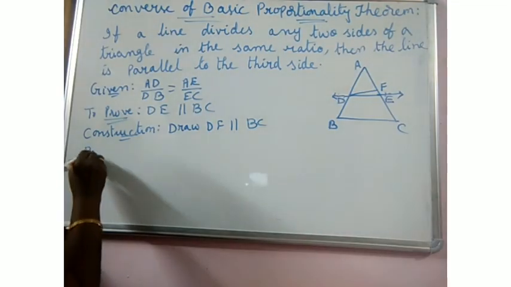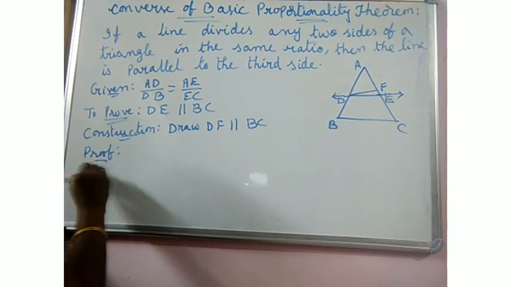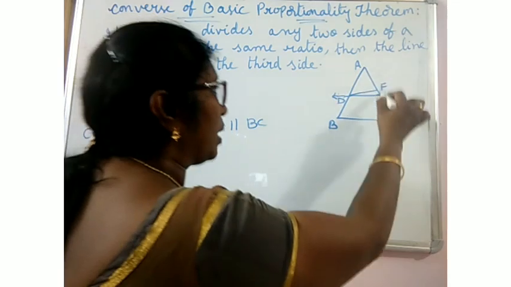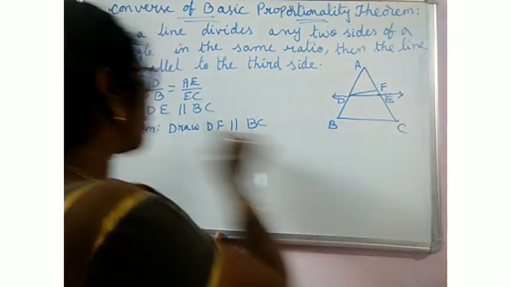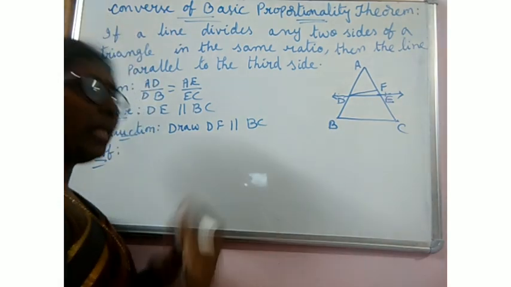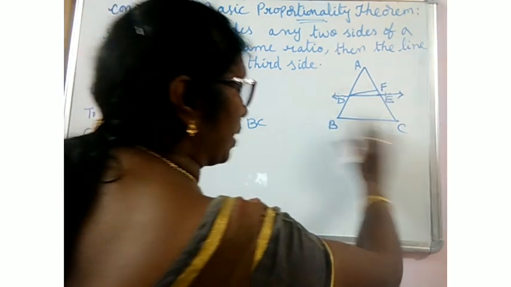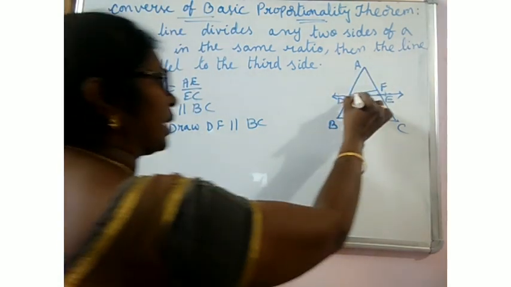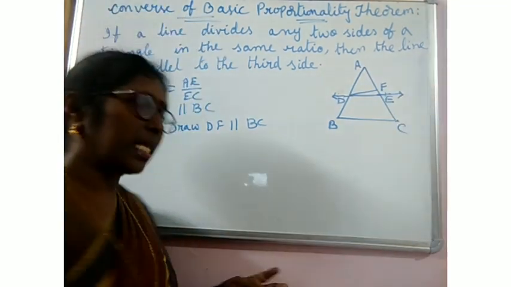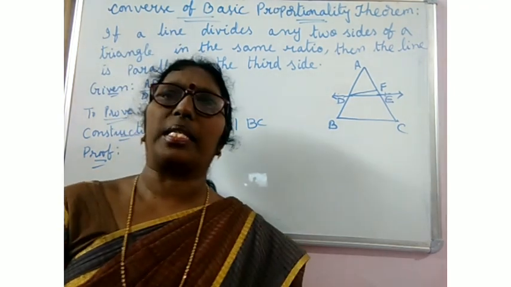How to prove it? What is given is AD by DB is equal to AE by EC. We have to prove that DE is parallel to BC.